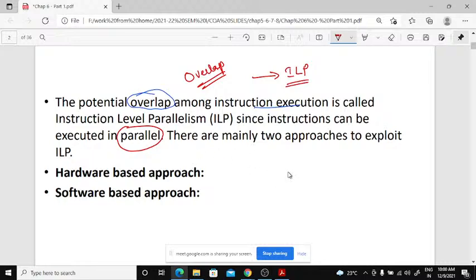As we discussed in the last class, suppose these are the instructions at times t1, t2, t3, t4, t5.